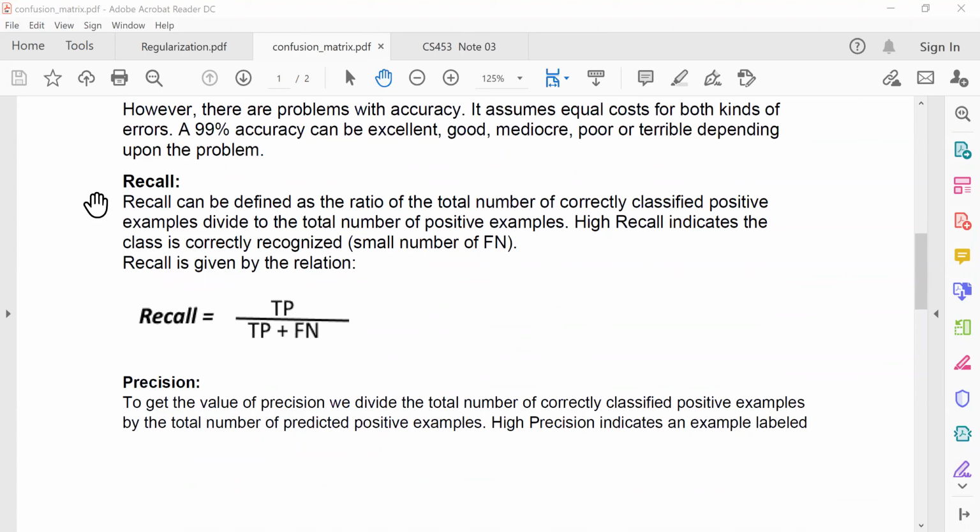A high recall indicates the class is correctly recognized because of a small number of false negatives. That's easy to understand, because if recall is high, then FN should be small. So the weight that false negative takes in this ratio is quite small. That's why it's quite a good measure.